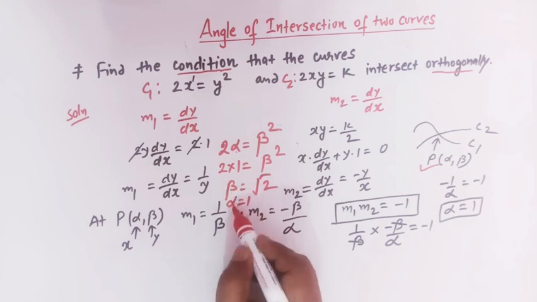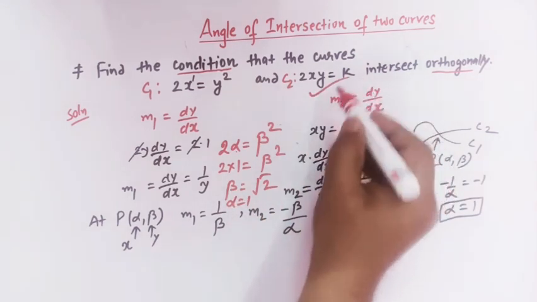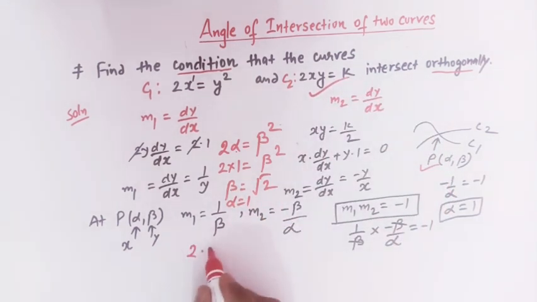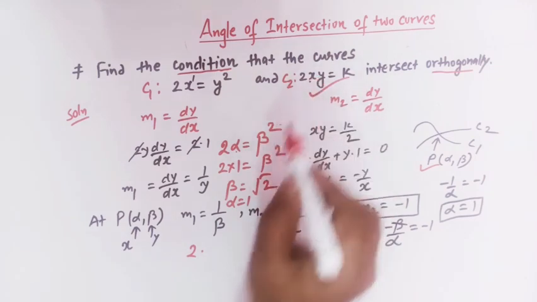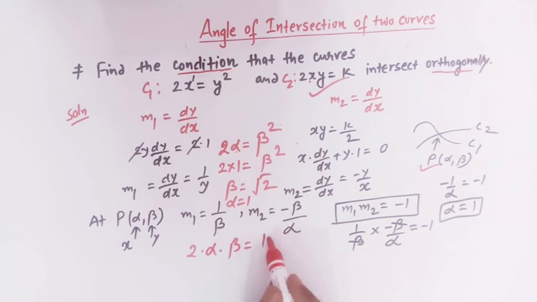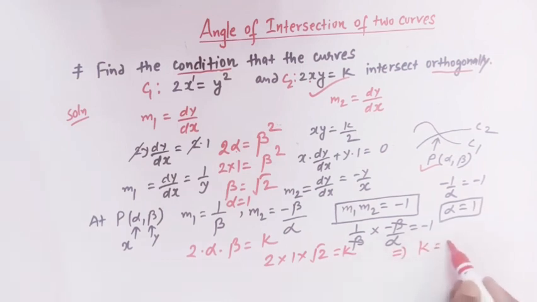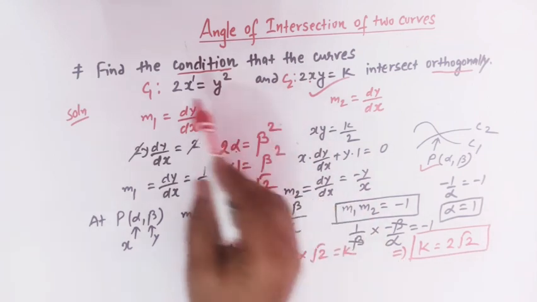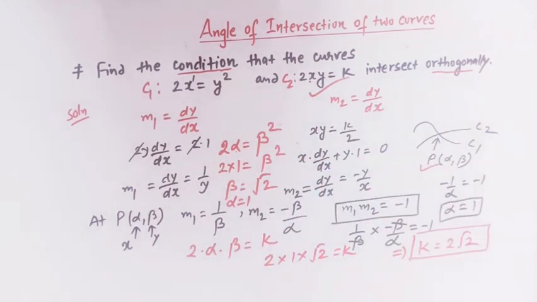Now substituting these two values in this equation, we have 2 times x is alpha, y is beta, equal to k, right? Now 2 times alpha is 1, beta is the square root of 2, that is equal to k. So the value of k is 2 root 2. So this is the condition for these two curves to intersect orthogonally.